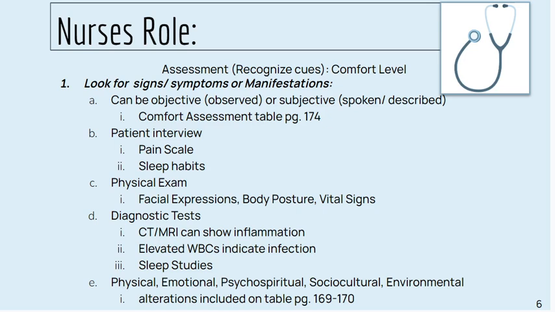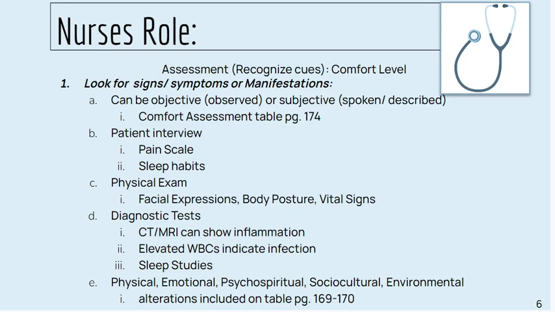So the very first thing we need to do when we assess somebody is look for signs or symptoms. Often in this Pearson book, it will be called manifestations. So don't confuse that. It is all the same terminology, so just make sure you understand it means the same thing.